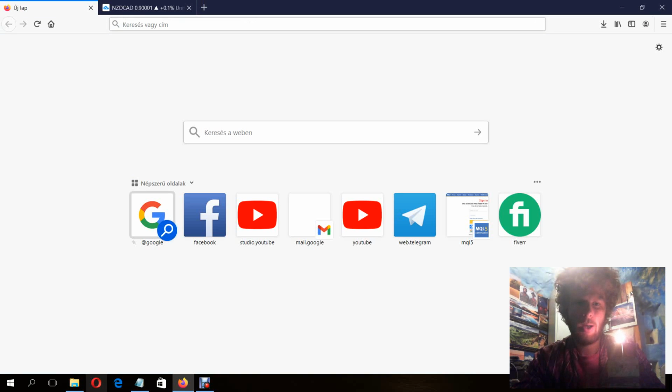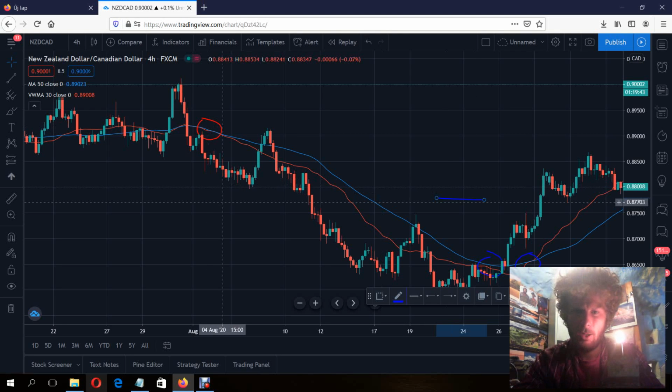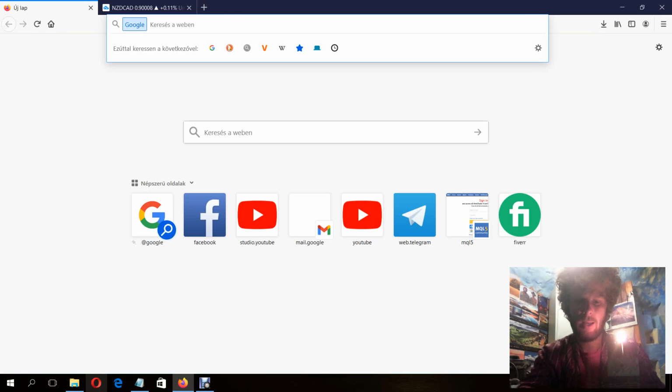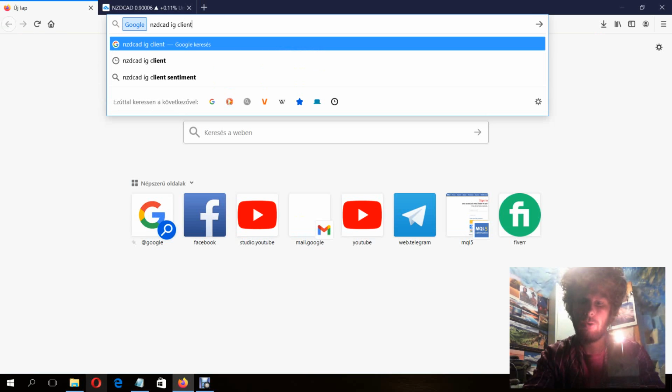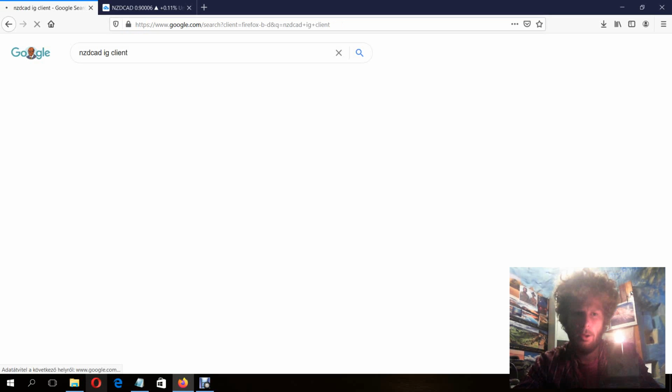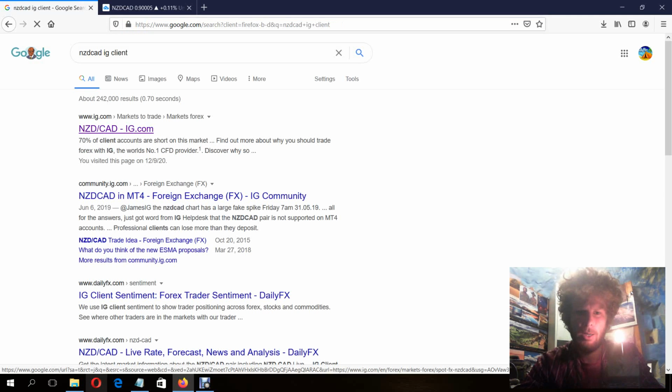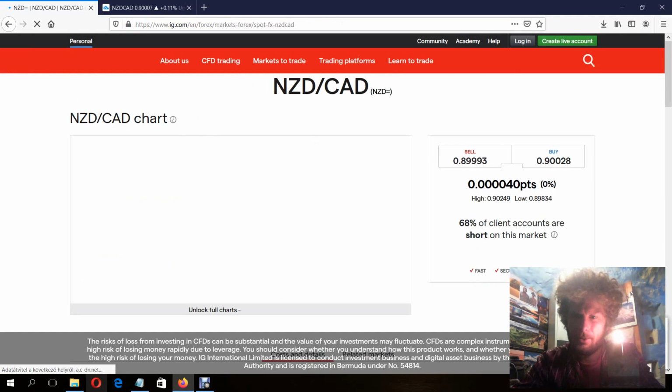So what I do when I trade any market, and for example I want to take this short trade, I look at a sentiment index and I look at it if we have some situation where I don't want to enter a trade. And yeah, so let's see.